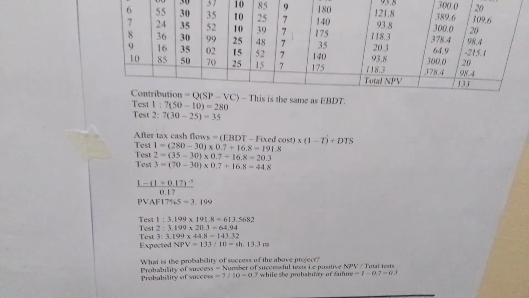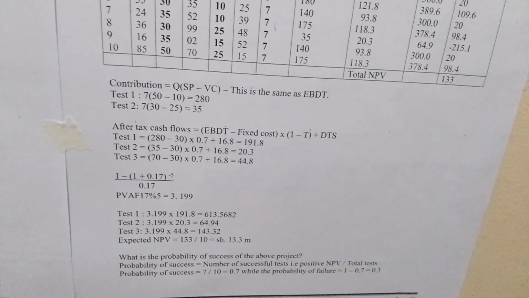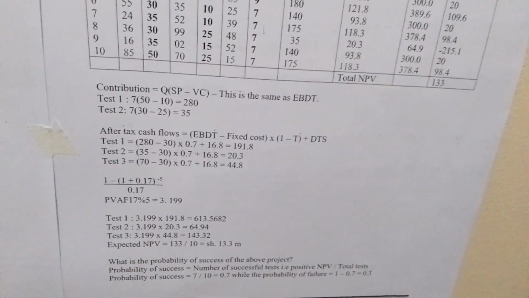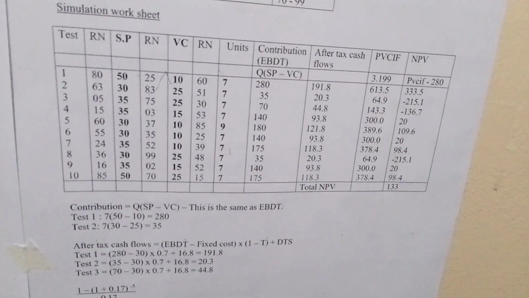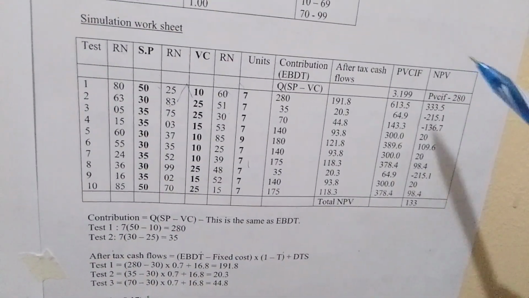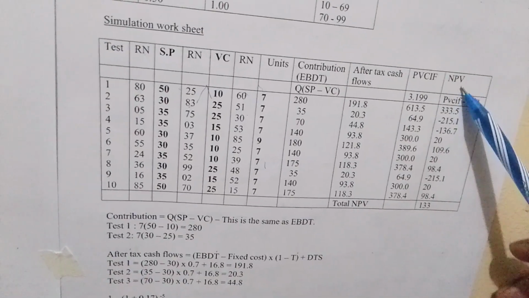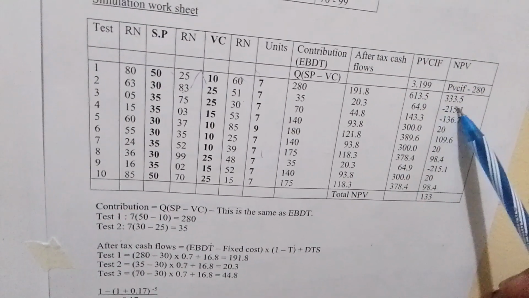Now, the last part is: what is the probability of success of the above project? If you want to know the probability of success of this project, you look at the present value of cash inflows minus 280, or in other words, you look at the net present values which are positive.